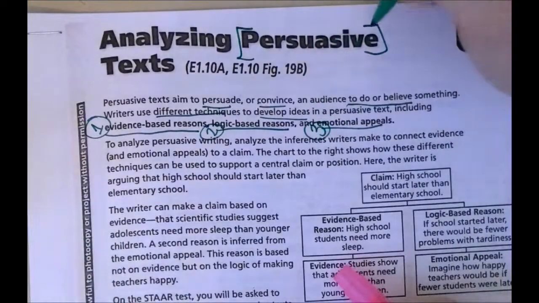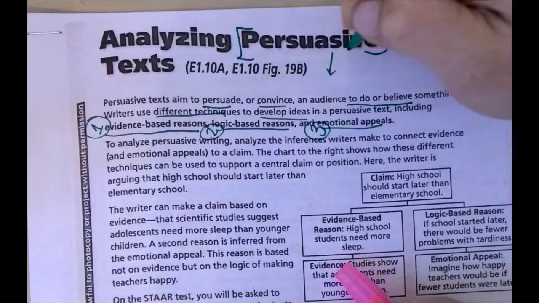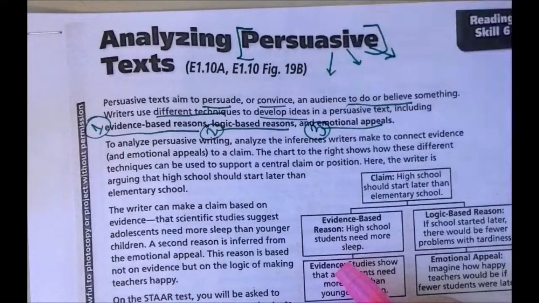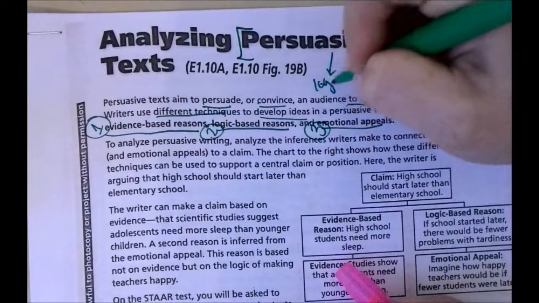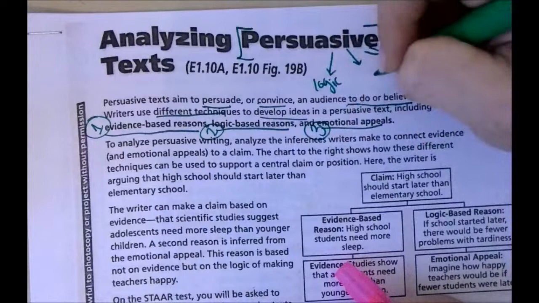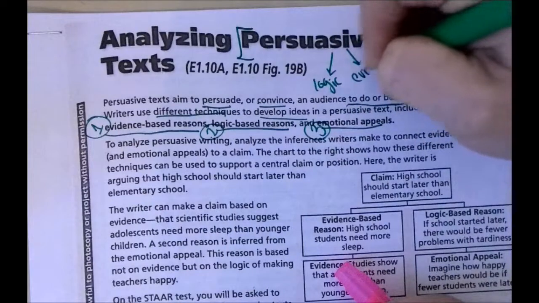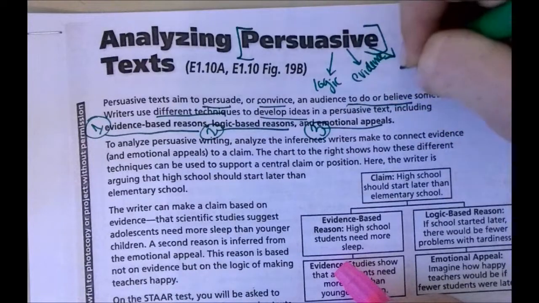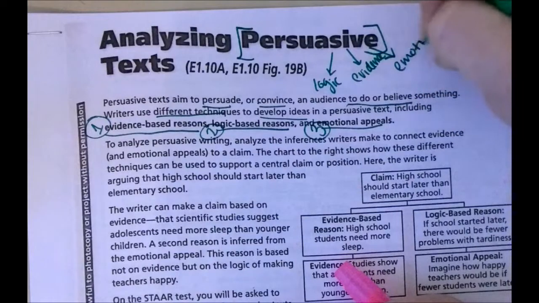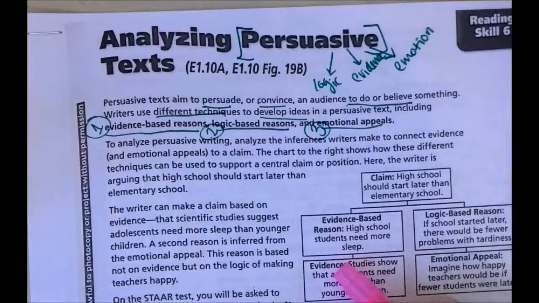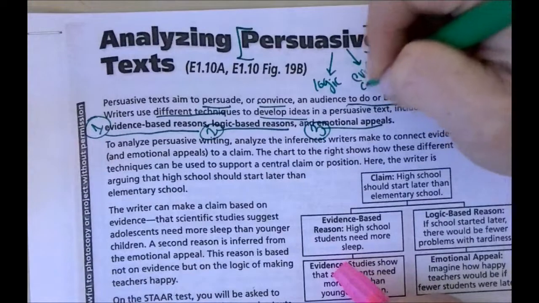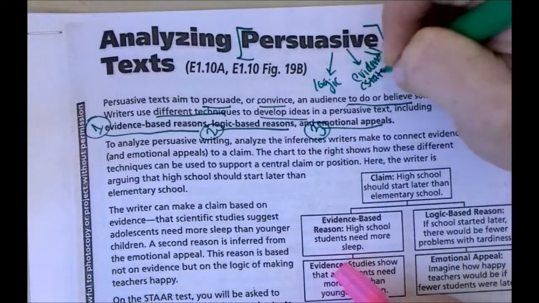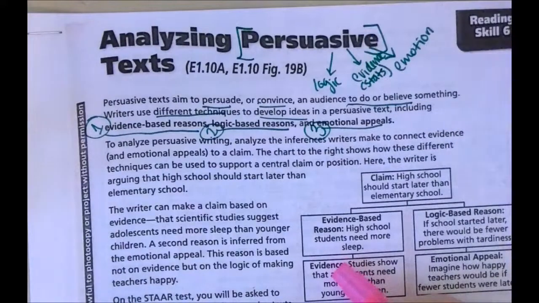So in a persuasive text, there are three types of evidence that will be given: logic, evidence, and emotion, all right? Evidence tends to be like statistics. Logic is more of reasoning.